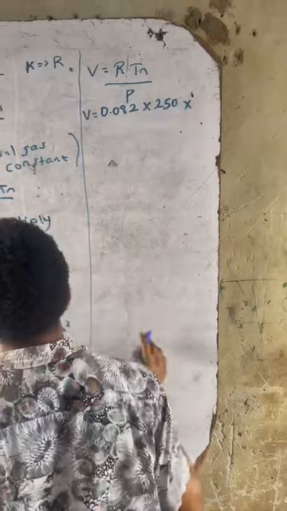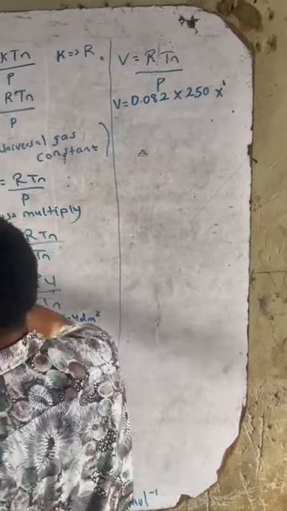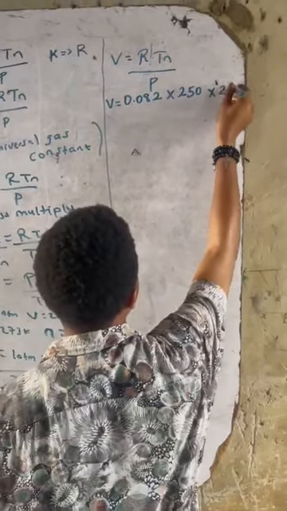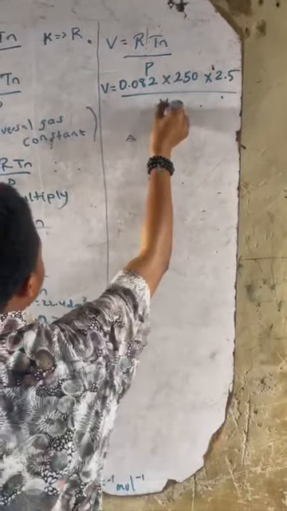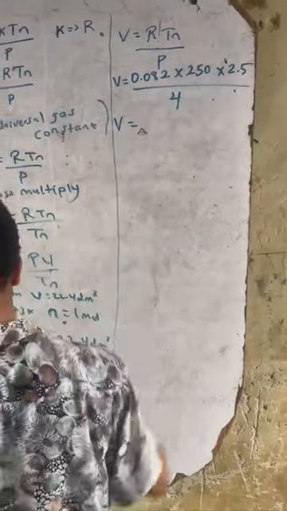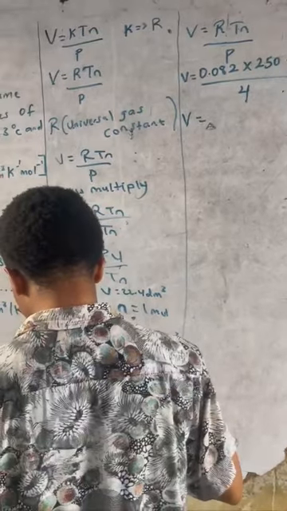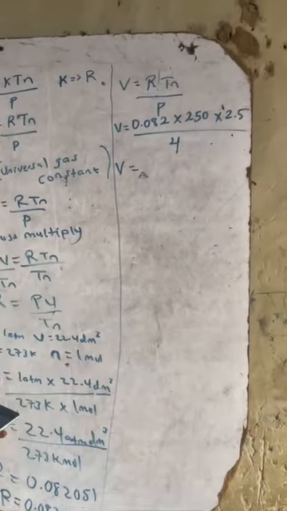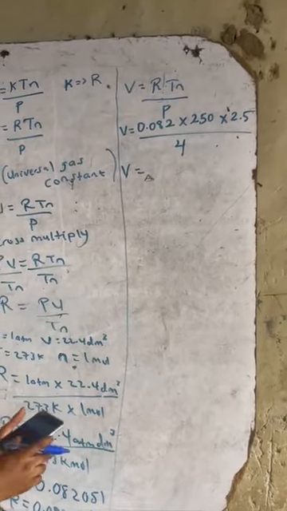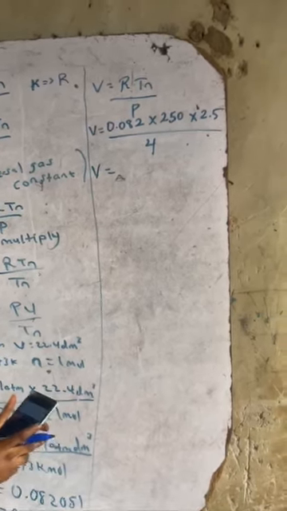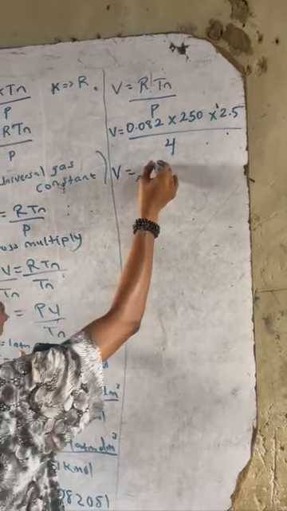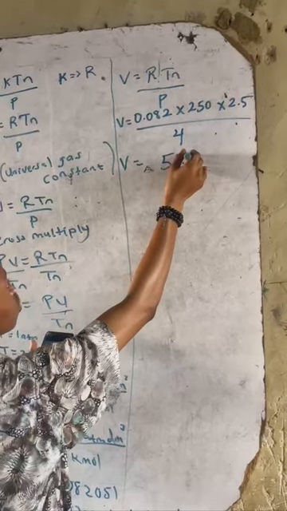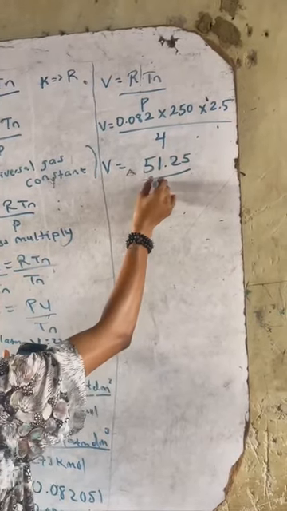Then times the number of mole from the question, 2.5 mole. And the pressure given is 4. So our volume now equals 0.082 multiplied by 250, then multiplied by 2.5, and that equals 51.25. We divide it by 4.